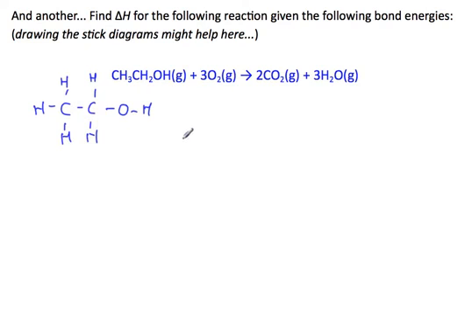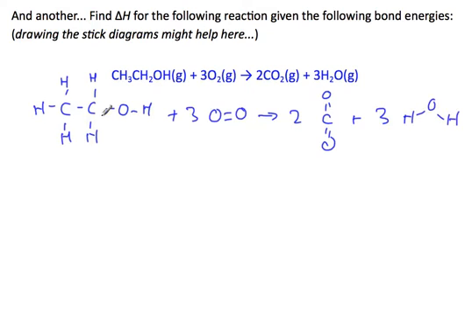And so there's the stick diagram for ethanol, 3 moles of, again, oxygen double bond oxygen, 2 moles of CO2 and 3 moles of H2O. So there's the stick diagram.